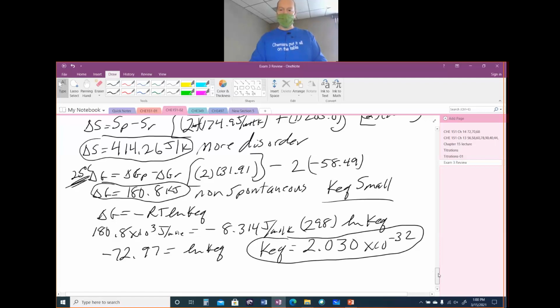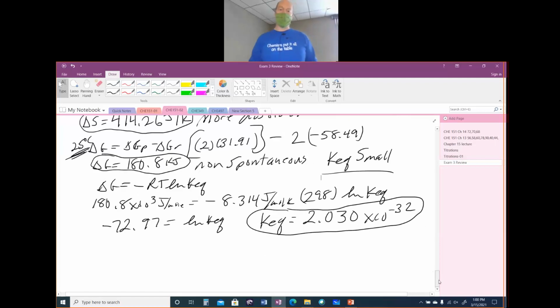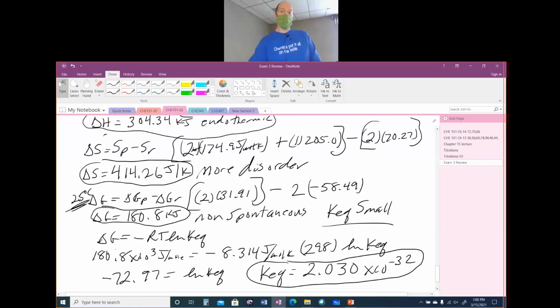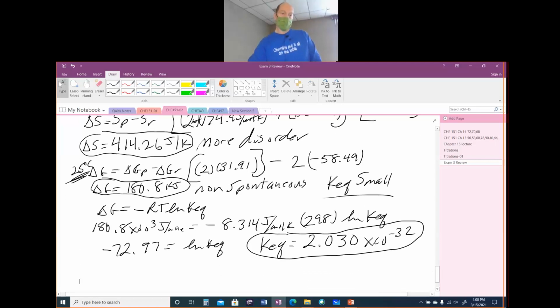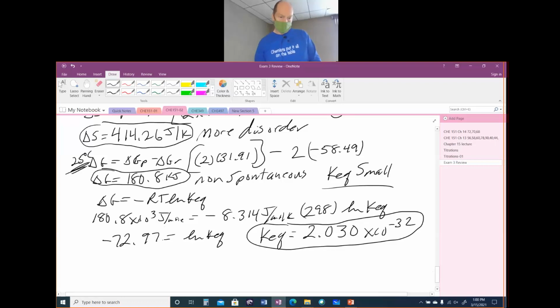All right, so now the question is, at what temperature is this reaction spontaneous? We see that we have a delta H value that is positive 304.34 kilojoules per mole.